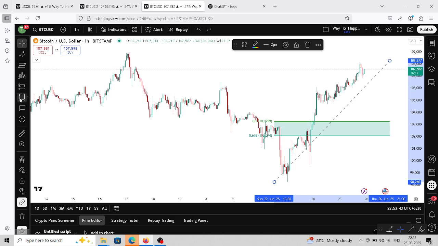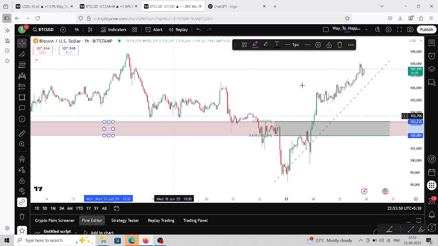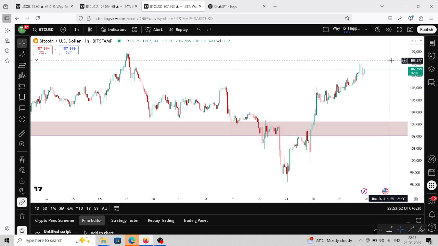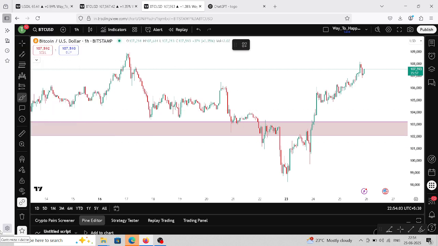Now if you draw a rectangle box here, and for a minute you can delete this. Now you see what this rectangle box is doing. This rectangle box is saying that I didn't know about this level. I just put the fib here, and yes, the buying came here one time.